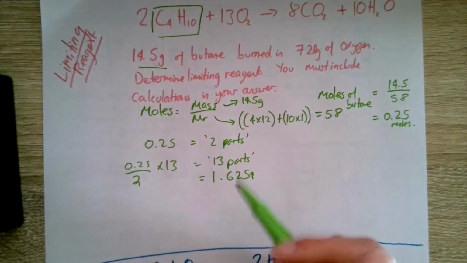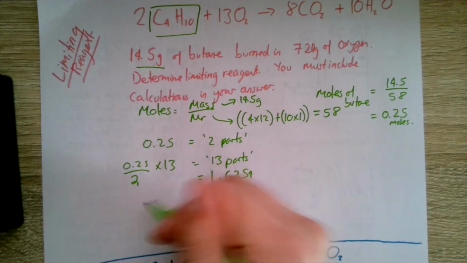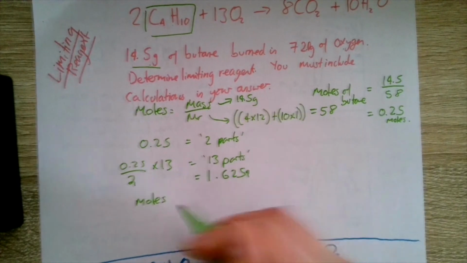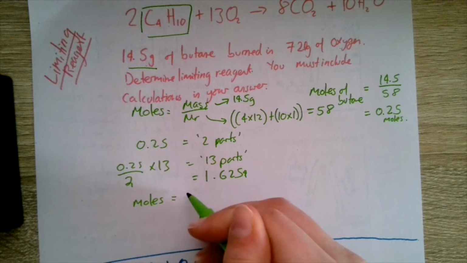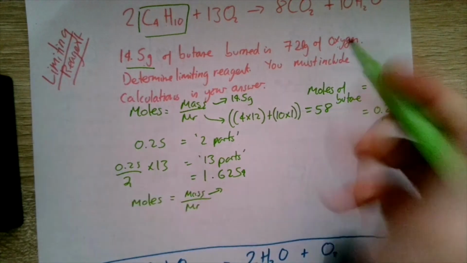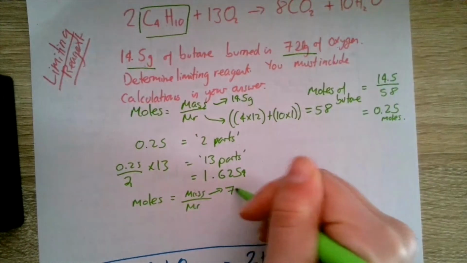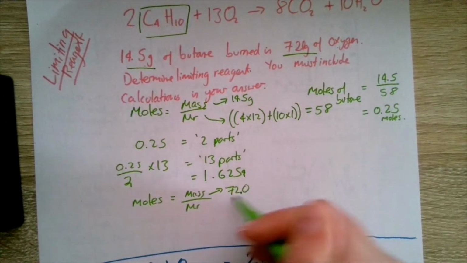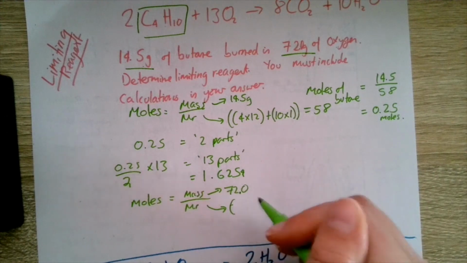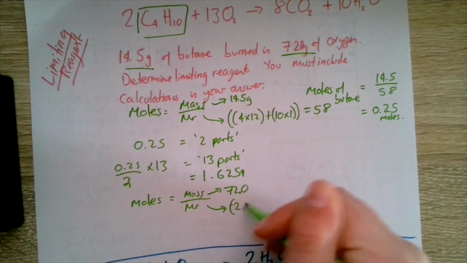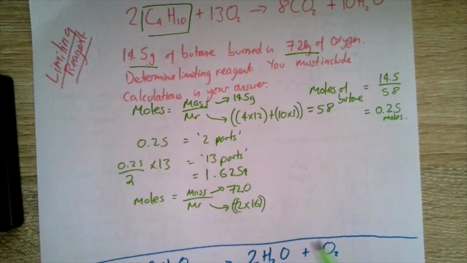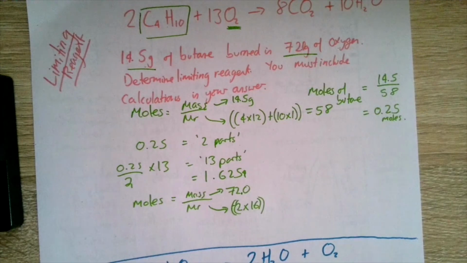So now we need to find out how much oxygen we have to then establish which our limiting reagent is. So our moles of oxygen is our mass divided by our Mr. Mass we've got from the question, 72.0 grams. And then our Mr, remembering oxygen is diatomic, so 2 lots of 16, 16 being the atomic mass of oxygen, but remember it's O2.